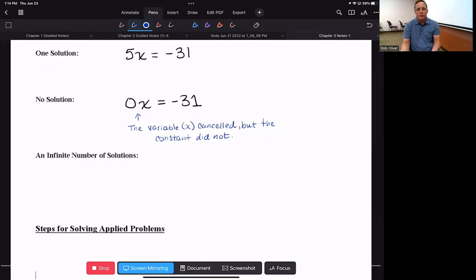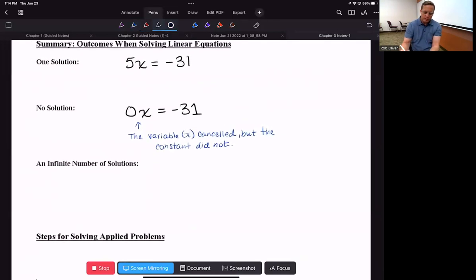Another way too is to look at it this way. Sometimes you might see it before it's just a one-step equation, but it might look like this. Let's say it's like 5x plus 1 equals 5x minus 6. You'll notice that both sides of the equation are almost exactly the same. They both have a 5x, but you're going to notice the constants are not the same.